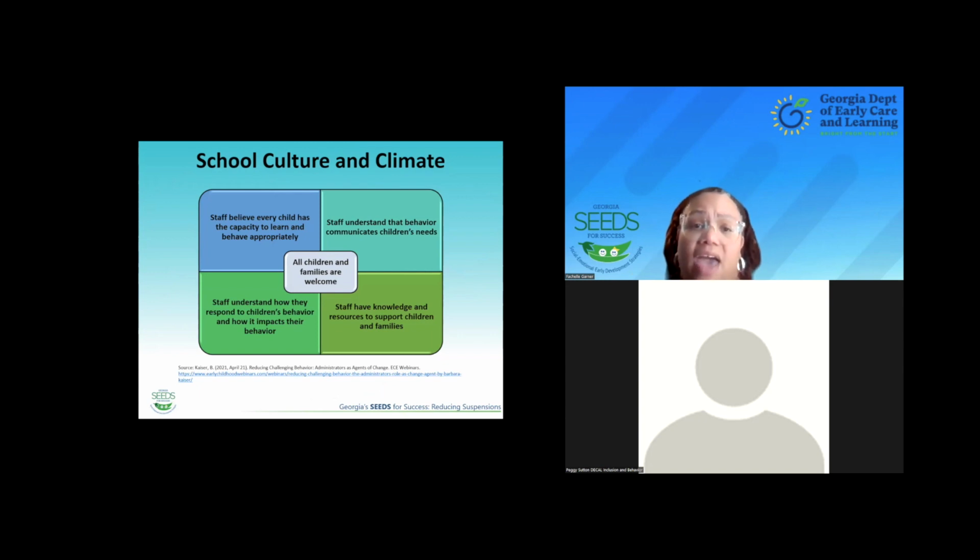The entire staff believes that every child has the capacity to learn and behave appropriately. The educators understand why children behave inappropriately and why they themselves respond to children's challenging behavior in the way that they do. A positive, caring, welcoming social climate facilitates belonging and learning.